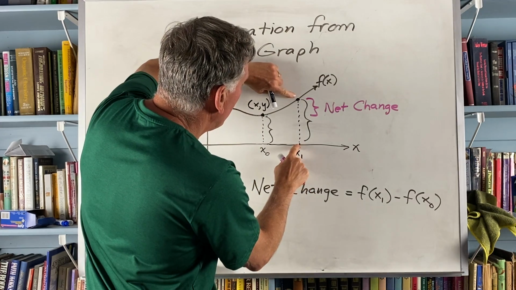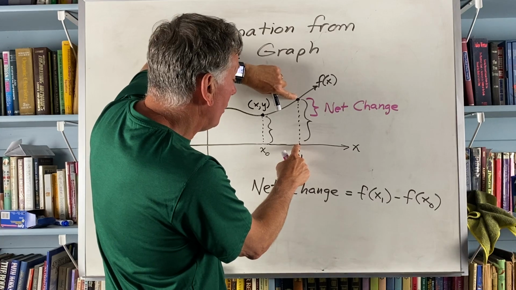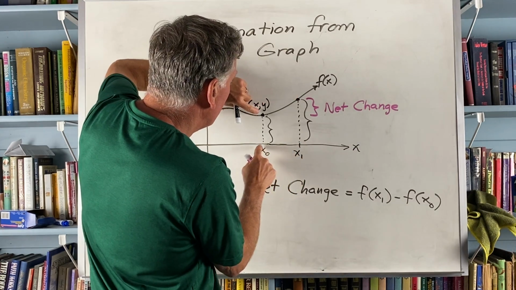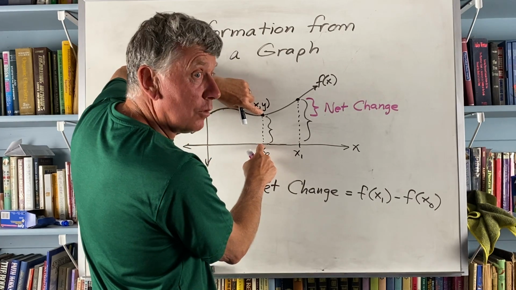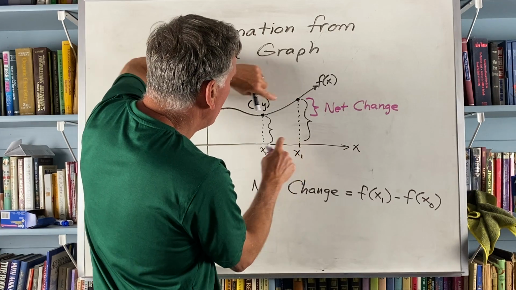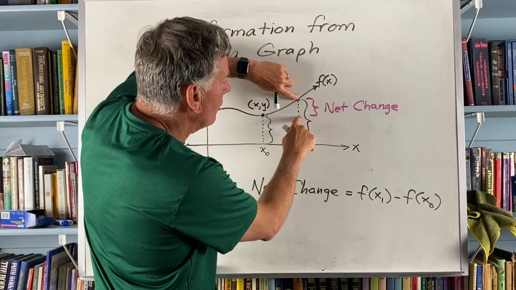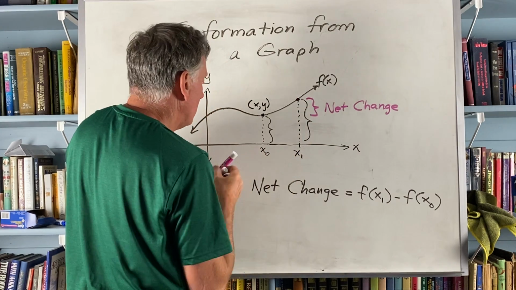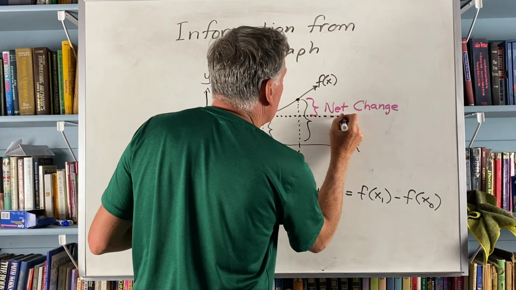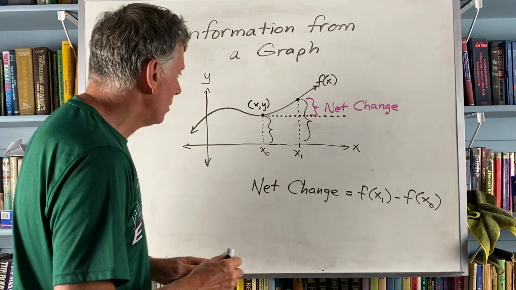This is my y value for the further point. This is my y value for the nearer point. The difference is going to be this length minus this length, which looks like it's going to be about that much. Let me just draw a line. That's going to be my net change.